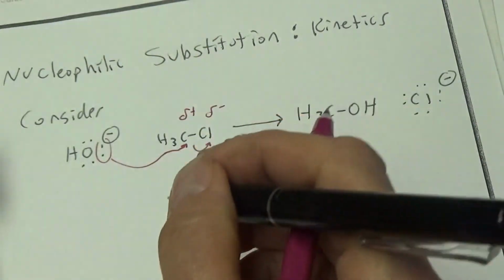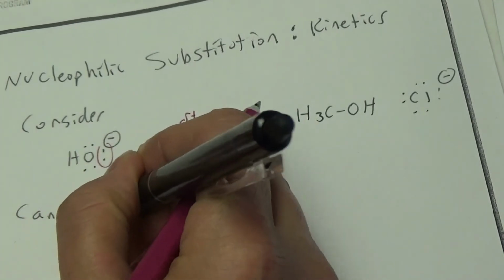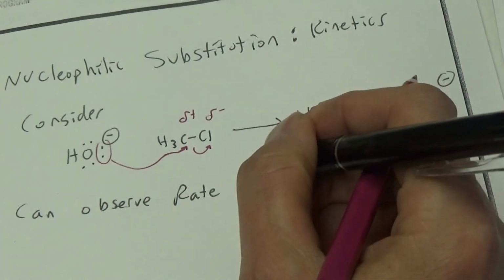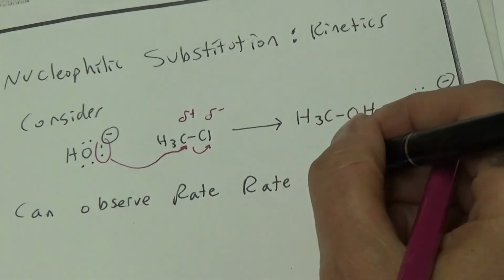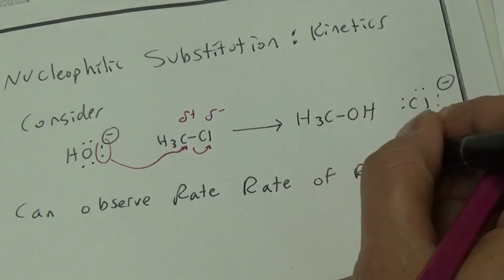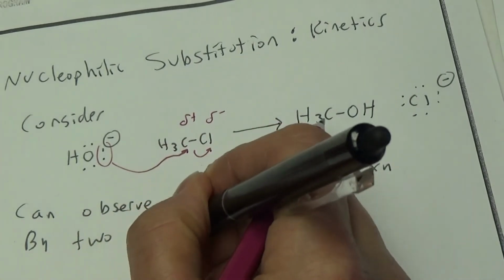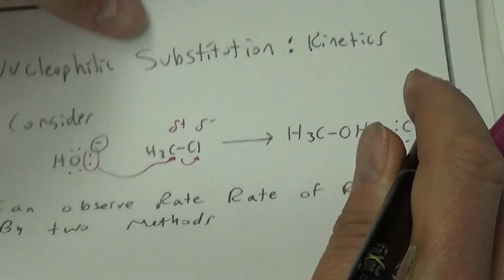We can observe the rate of the reaction, and that'll give us some hints on the mechanism. We can observe the rate of the reaction by two methods.